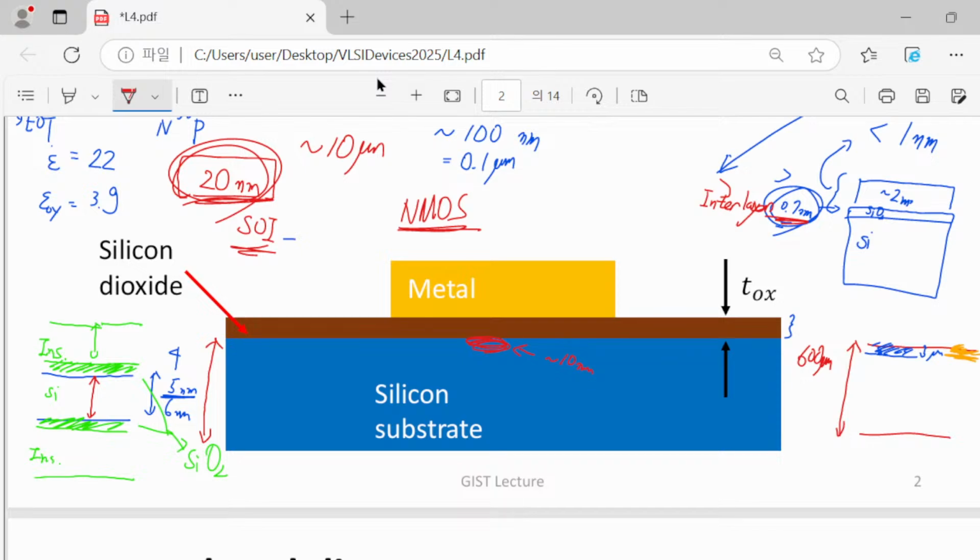And later I have told you that for a while the silicon region can be regarded as infinitely thick, but this is not the case for our FinFET technology or nanosheet technology. So in that case, we have to consider the finite thickness of a silicon substrate. That was the summary of this slide. Okay, any question? Okay, okay.